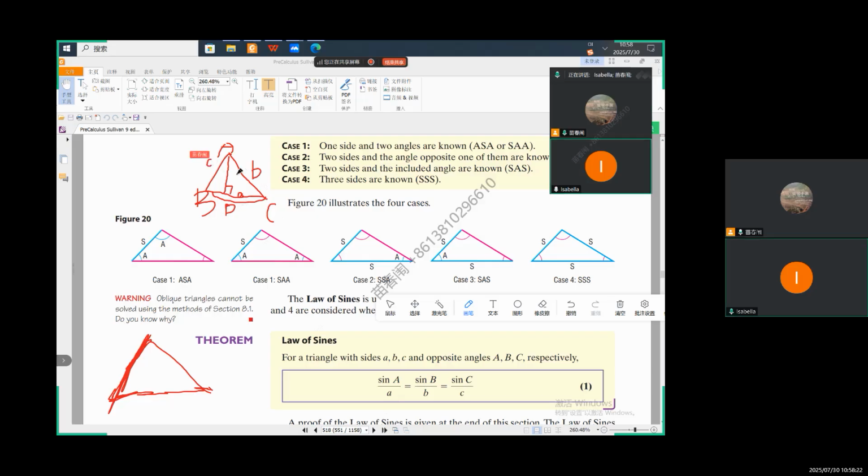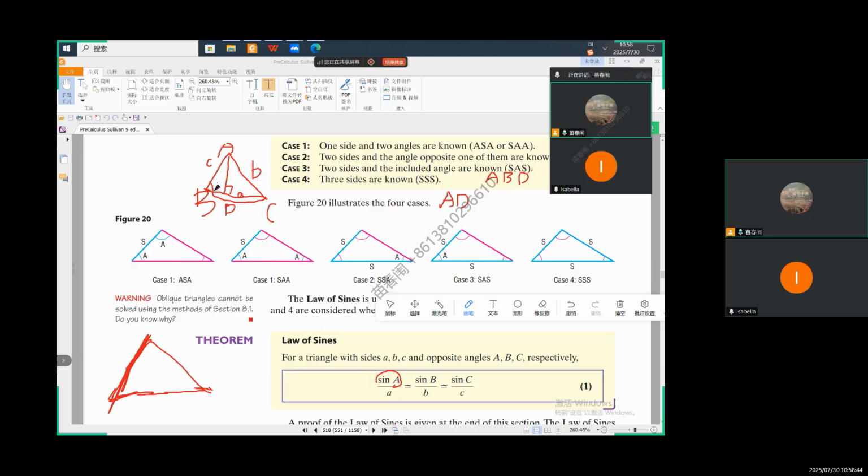How to find the height? Let's say the height is AD. The height AD can be found in triangle ABD. Since they have sine A, sine B, sine C, it's wise to use the angle.